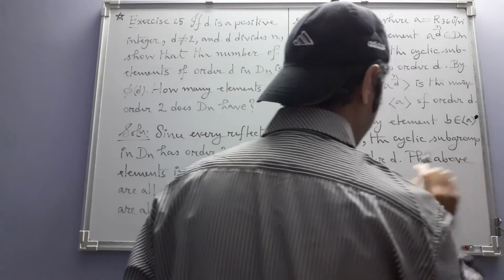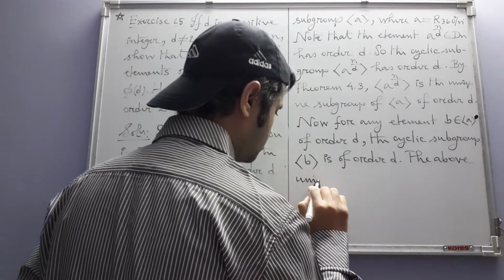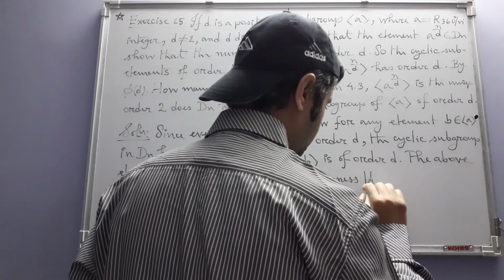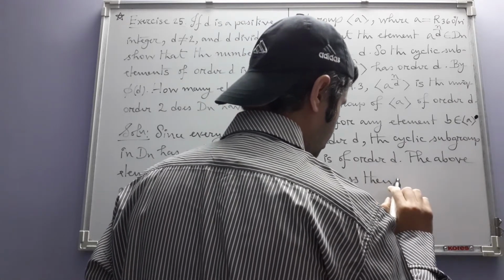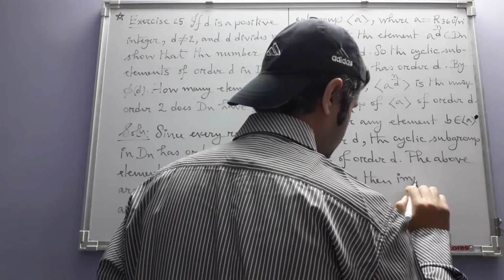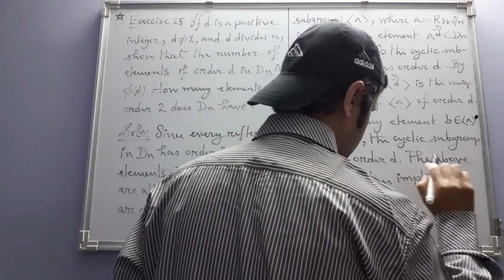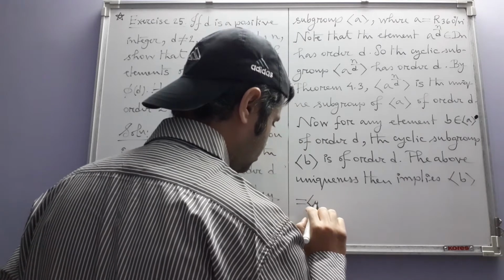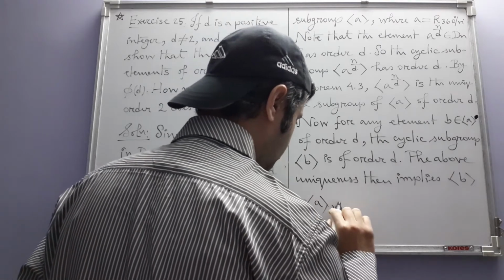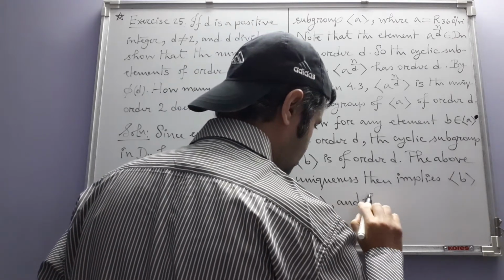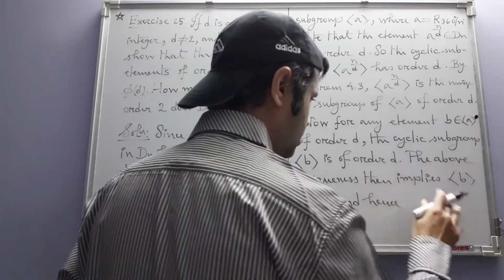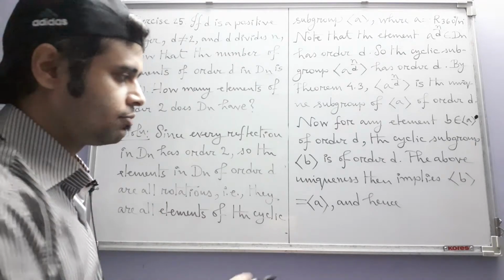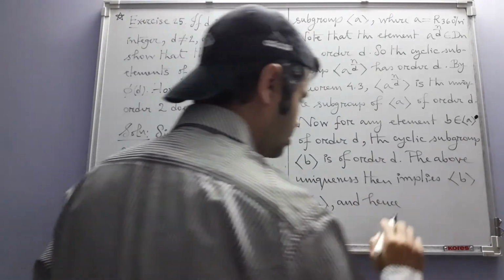The above uniqueness then implies, and hence the element B belongs to the cyclic subgroup generated by itself, so B will also belong to this.